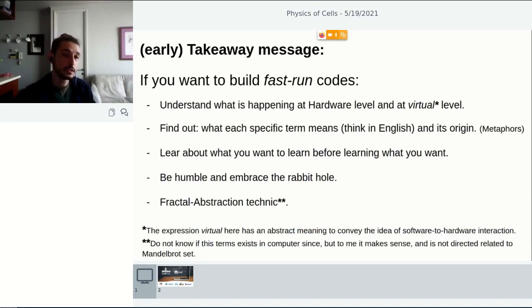And the final thing is what I call the fractal abstraction technique. I like to use this term, but this is an idea that I learned from YouTube videos, where you need to understand that in computers there's always this kind of fractal tendency. If you think about it, the basics are transistors, and you don't really need to know how transistors work.